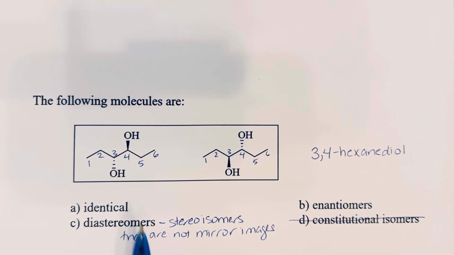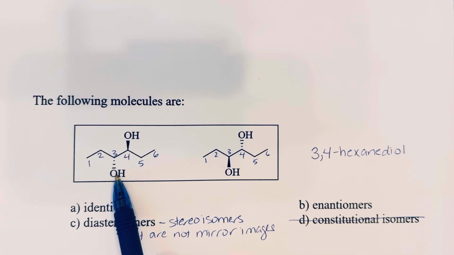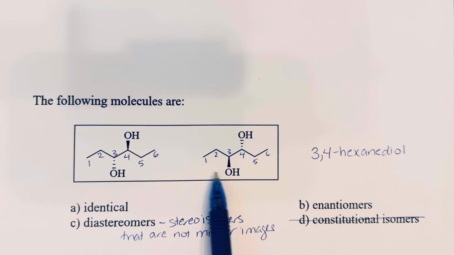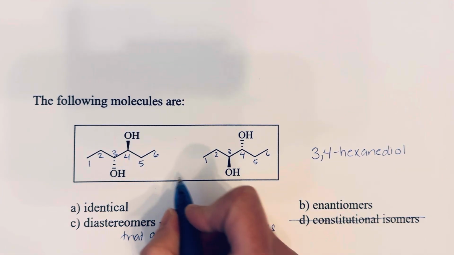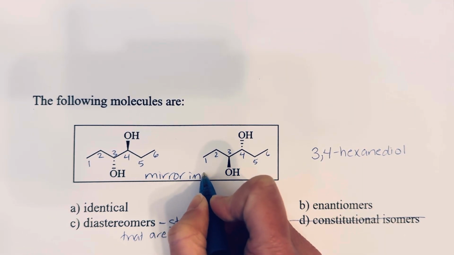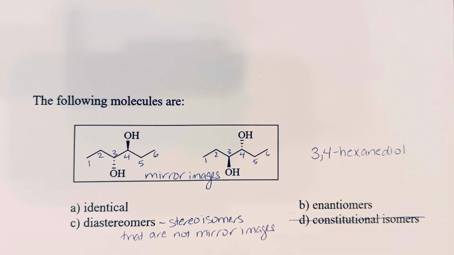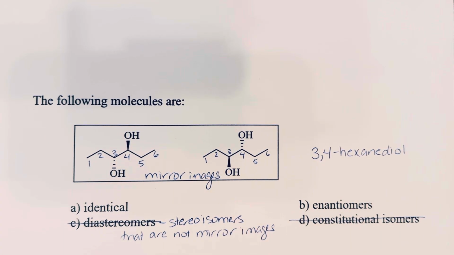A quick glance at the two chiral carbons, carbons 3 and 4, shows that the stereochemistry is inverted going from carbon 3 to carbon 3 on the second molecule, and the same for carbon 4. So these really do look like mirror images of each other, which means these two molecules are not diastereomers.